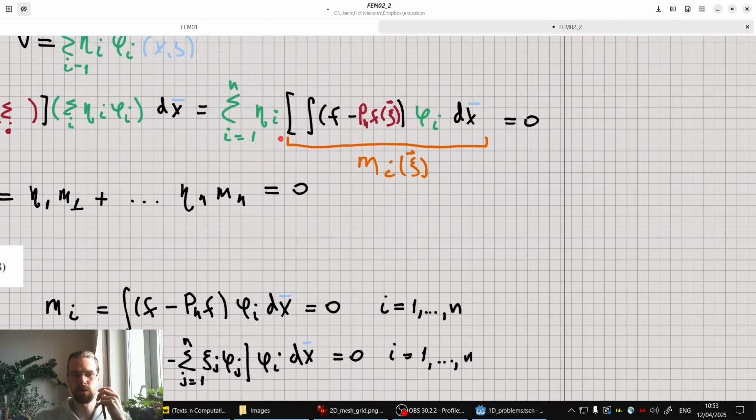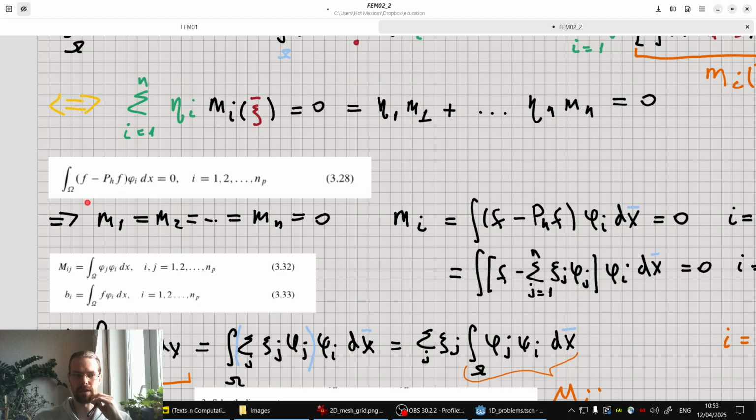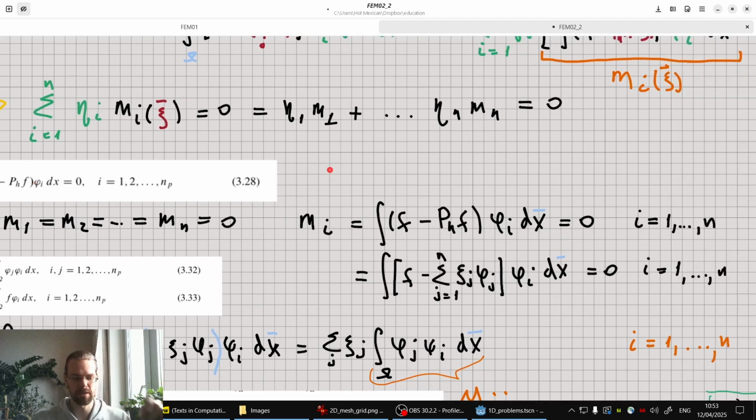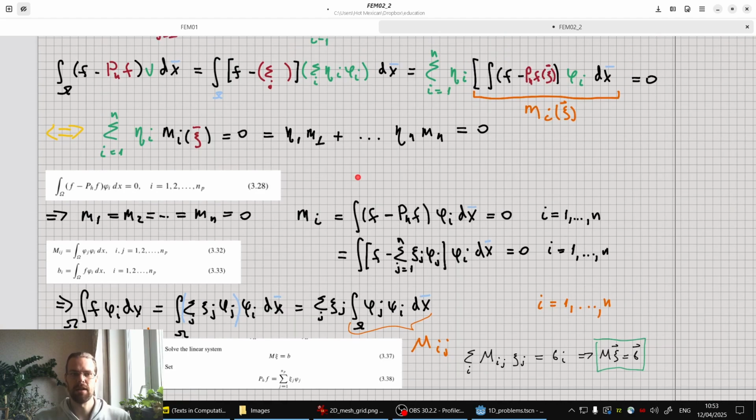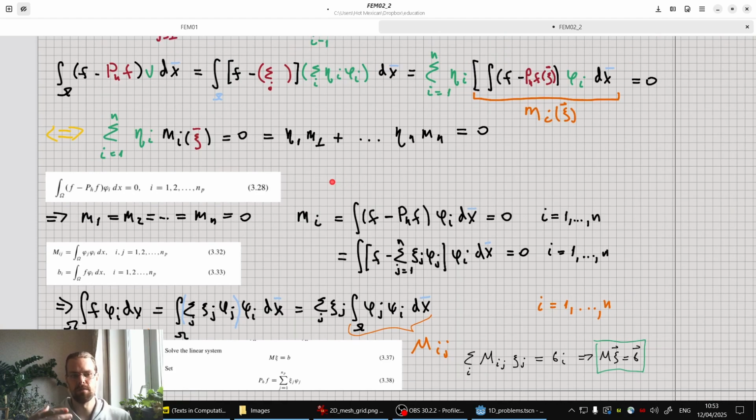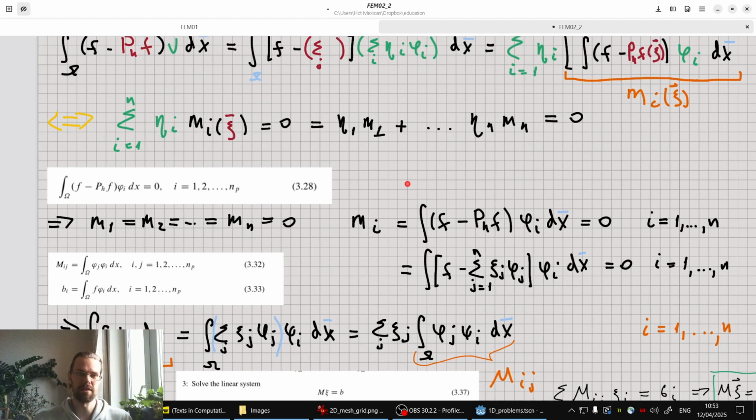That is to say, we have I expressions that all simultaneously have to be equal to 0. This is exactly what we see here. So that explains, mathematically, why we get this particular system.